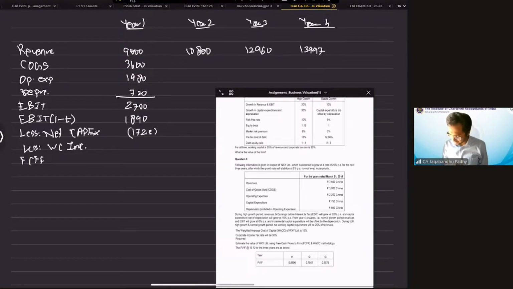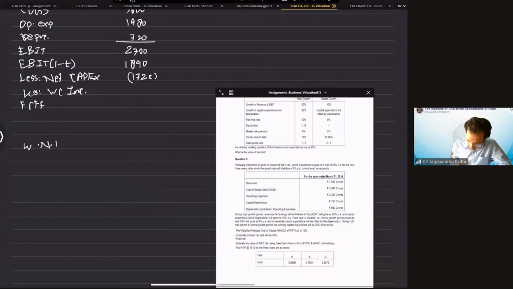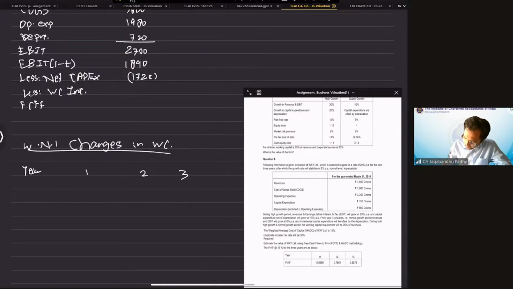Working capital change, that is something we have to work out. Working note number 1: changes in working capital. So you have here 1, 2, 3, and 4. First we take the sales, then the working capital, and then the increase in working capital.